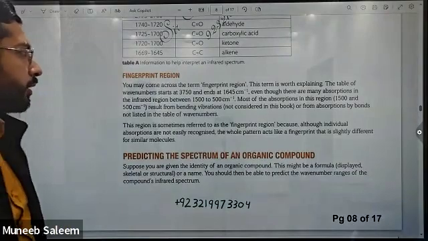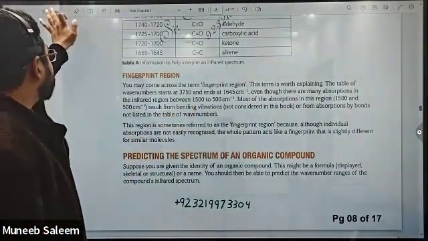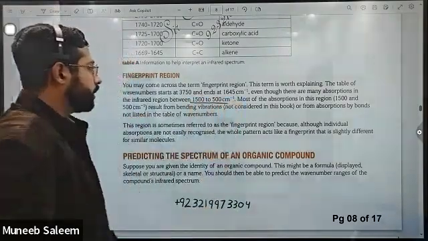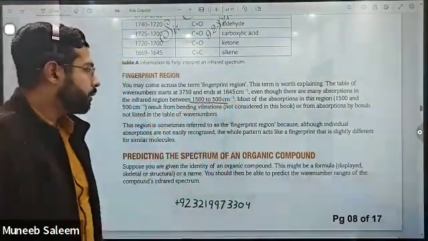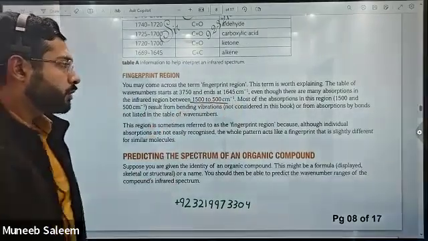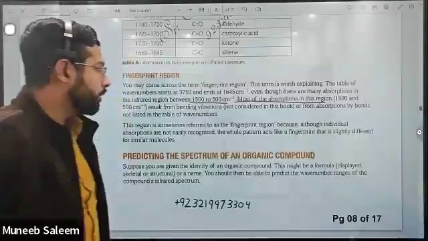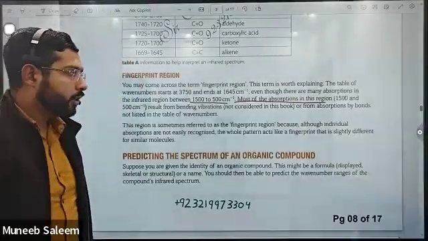The fingerprint region is the range of 1500 to 500 per centimeter, or roughly near 1500 per centimeter, in which most of the absorptions or peaks will be present.